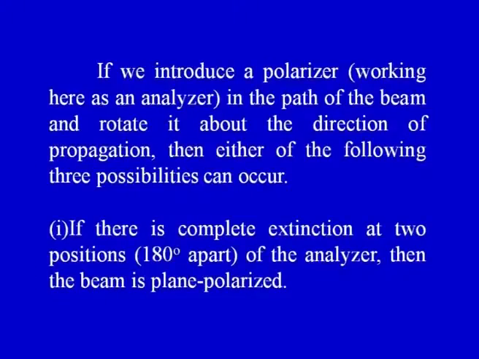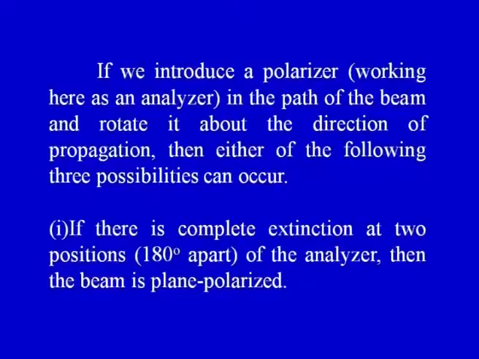If we introduce a polarizer working here as an analyzer in the path of the beam, and we rotate it about the direction of propagation, then either of the following 3 possibilities can occur. You see, the incident light beam is there, which is to be analyzed. We pass it through a polarizer and we rotate the polarizer about the direction of the beam and watch what happens.